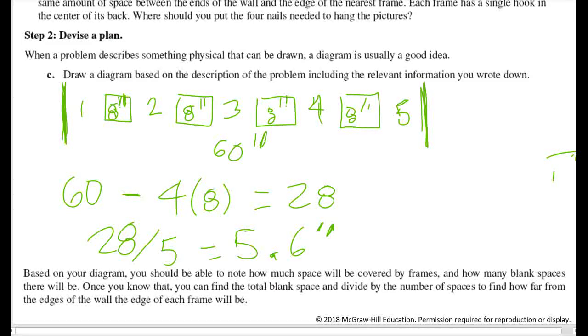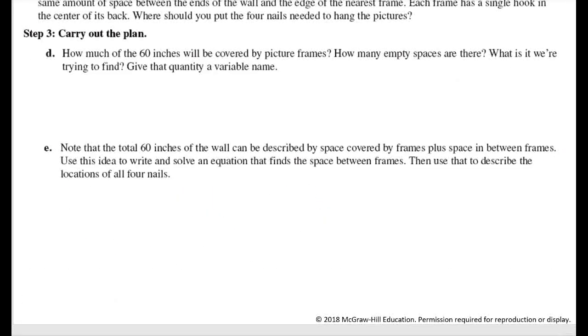So we need 5.6 inches between each space, between each picture, and between each wall and the adjacent picture. And that's actually how much of the 60 inches will be covered by picture frames.